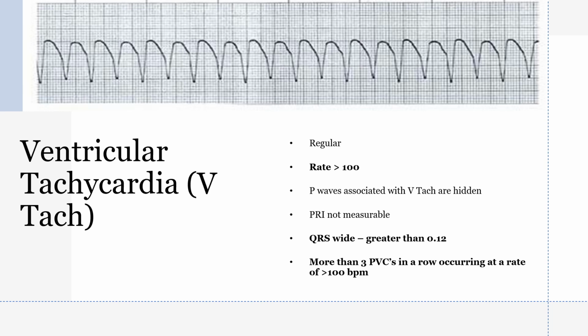So there would be no activity going on in the atrium, hence no P waves. We couldn't measure a PR interval if there are no P waves, and the QRSs are going to be wide. They're greater than 0.12. Remember, more than 3 of those complexes in a row signals ventricular tachycardia.